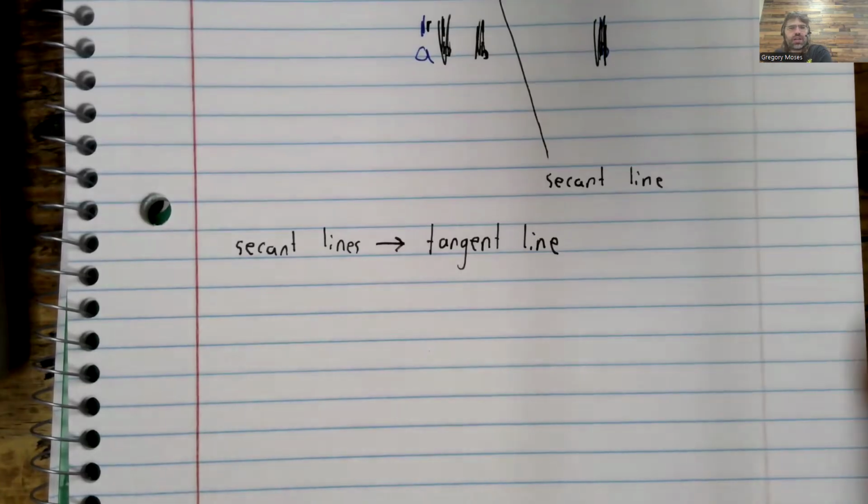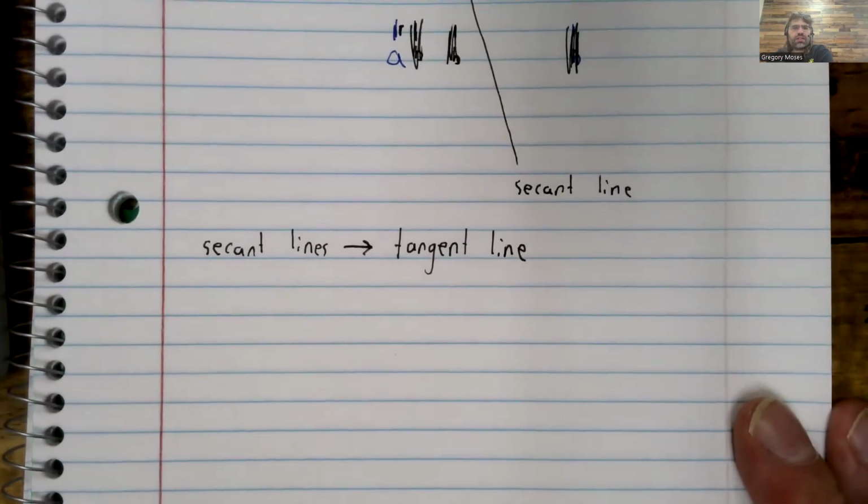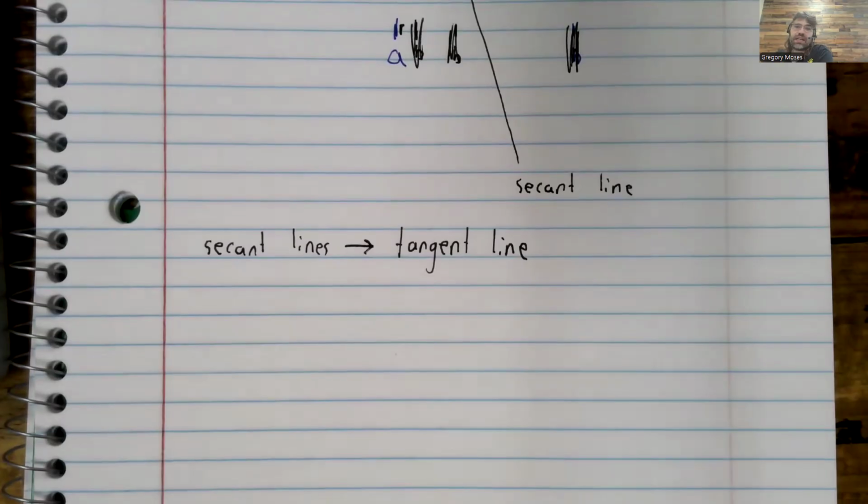And tangent lines are one of those things that in calculus classes, including this one, get presented and occasionally show up in homework or quizzes, but they sort of drop out of everyday use pretty quickly.